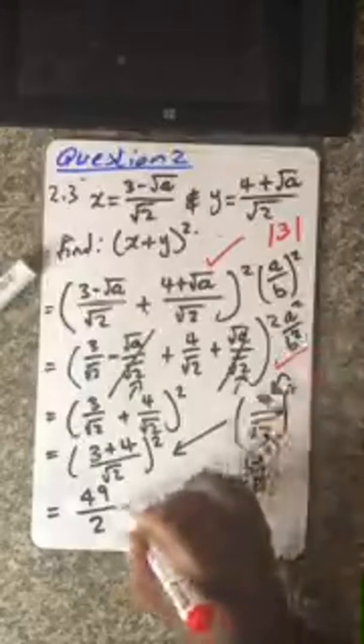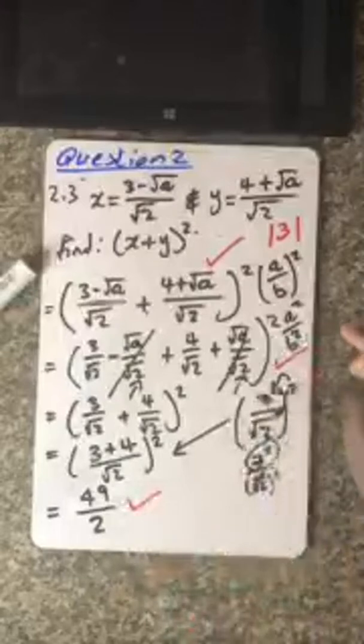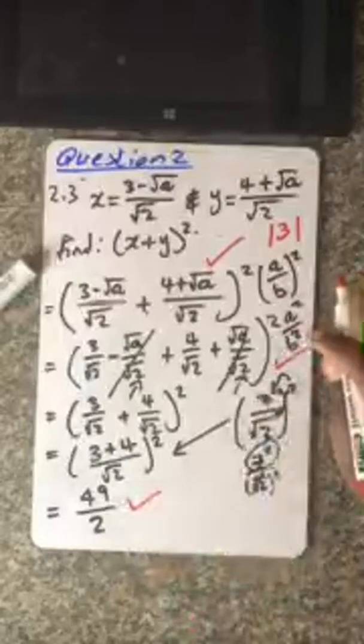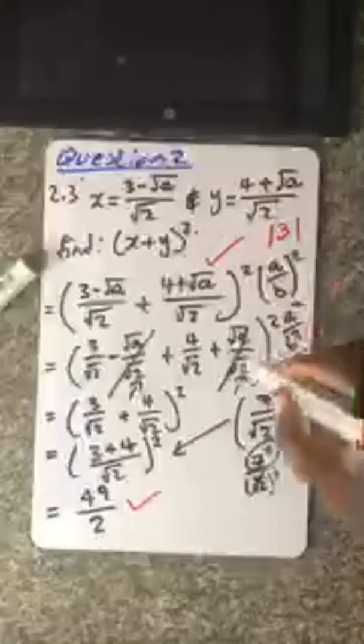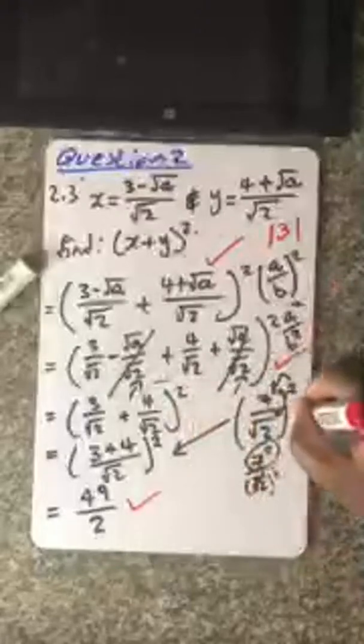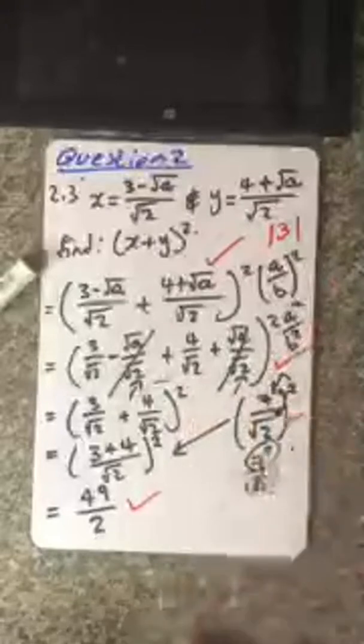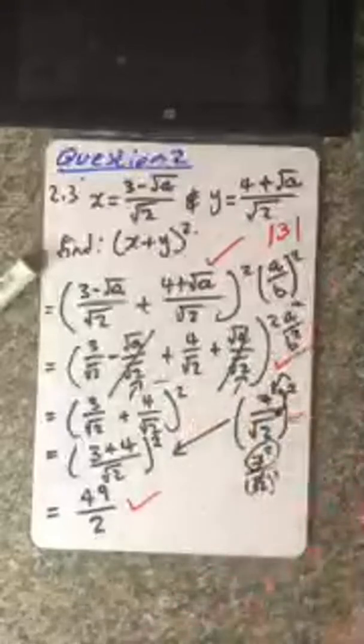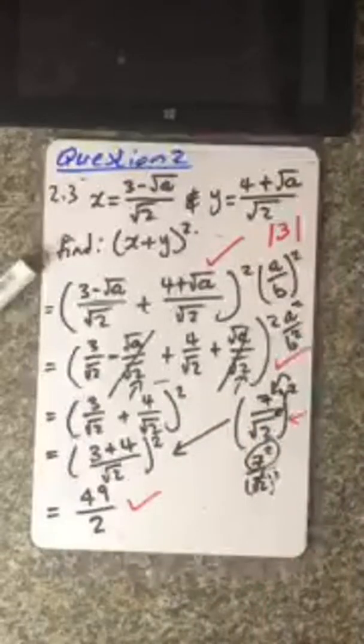Remember guys, if they don't give you a mark there, they're going to give you a mark for this step. So ladies and gentlemen, this is how you solve this question, and I think we can now move to the last question, which is 2.4.